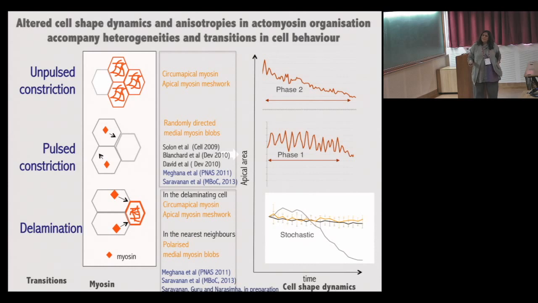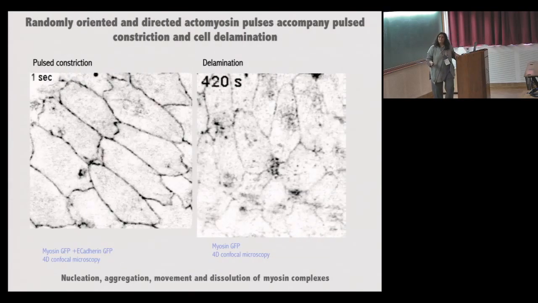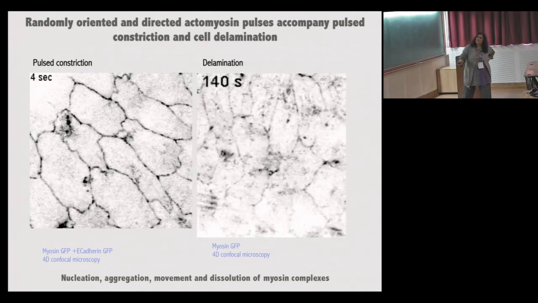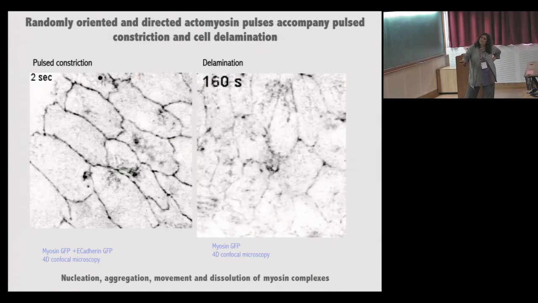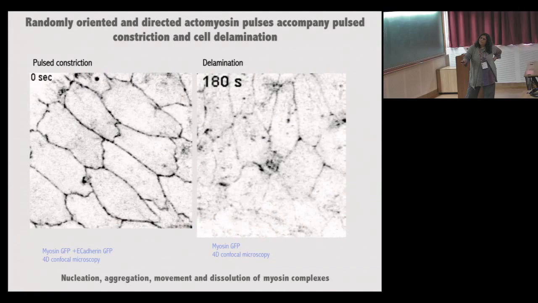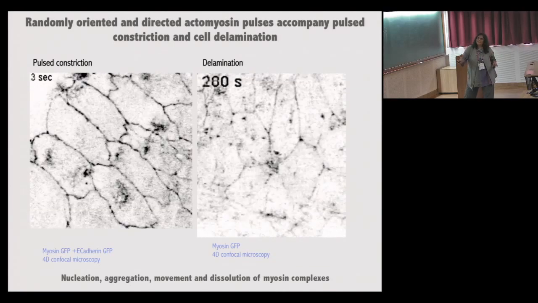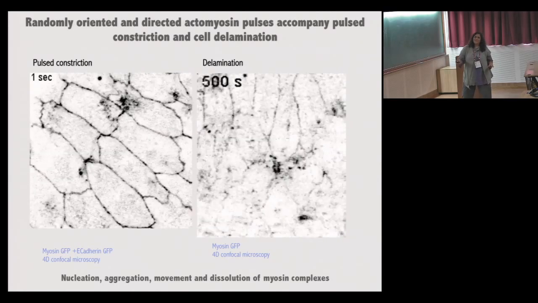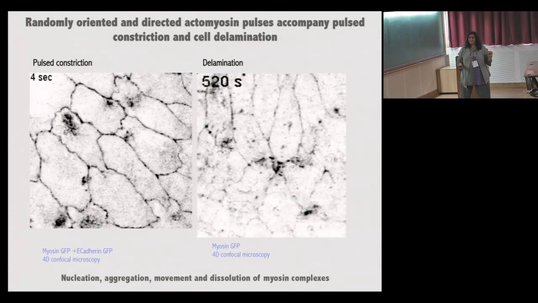What distinguishes this from the stochastic process in which some cells constricted rapidly and disappeared from the sheet is that the myosin blobs in the nearest neighbors travel persistently and in a directional manner, in the cells that are surrounding the cell that constricts, right?